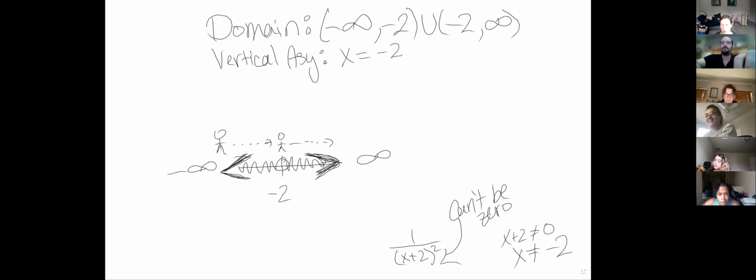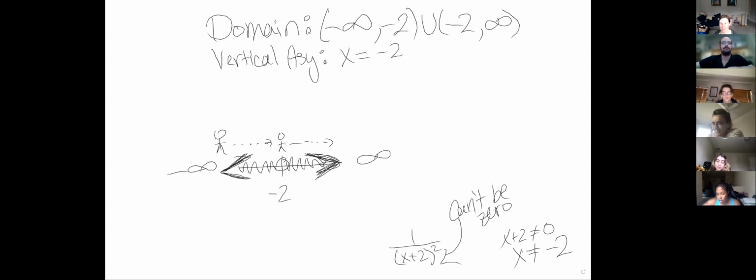It's always x equals, because remember, it's a line on your graph. It's that dashed line that you can't go past. It's not a single number, it's a line. So you have to have x equals or it is wrong. I don't want it as a point.